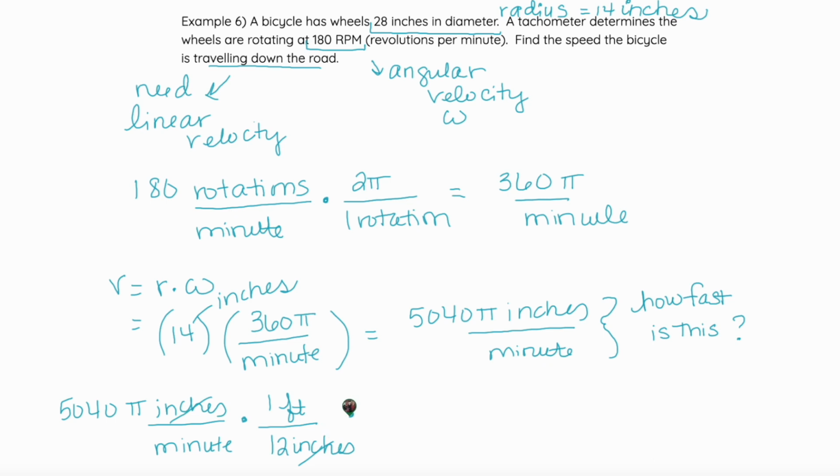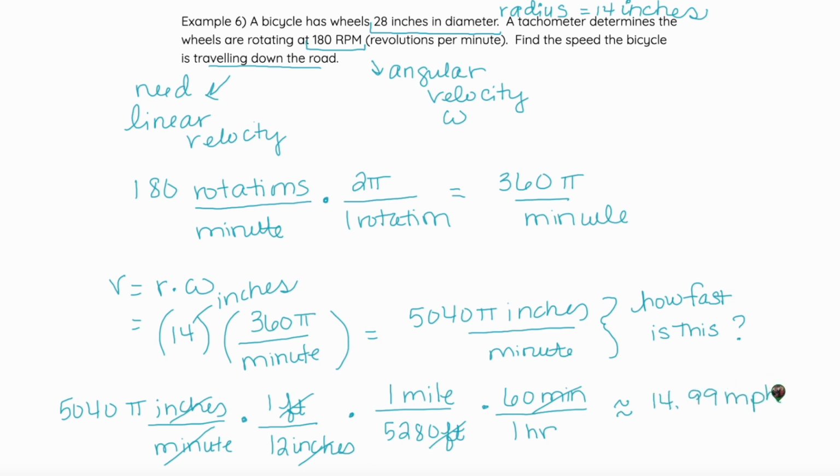I know through a quick Google search that 1 mile is 5,280 feet. So now my feet are eliminated. I also know that there are 60 minutes in 1 hour, so I can get rid of my minutes here. Thus, I'm going approximately 14.99 miles per hour on my bicycle. That is our linear velocity, how fast we are going.